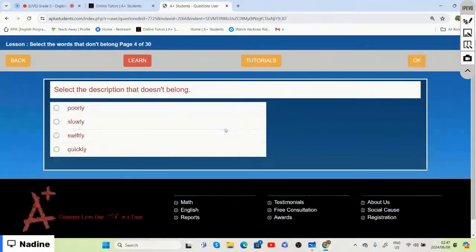Select the description that doesn't belong here. We have poorly, slowly, swiftly, quickly. To do with speed. Like how quick do you do it? Do you do it slowly, poorly, swiftly, or quickly?